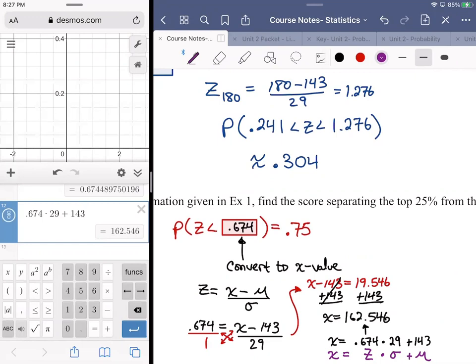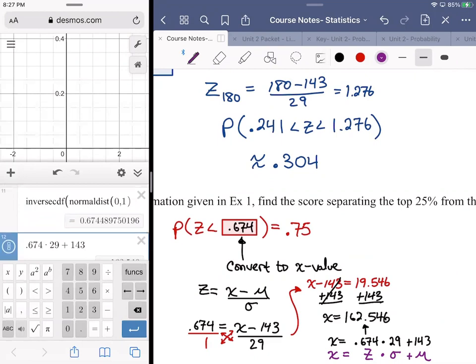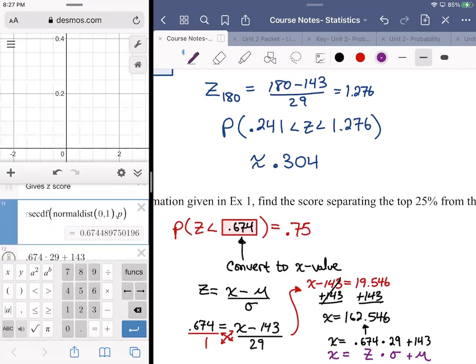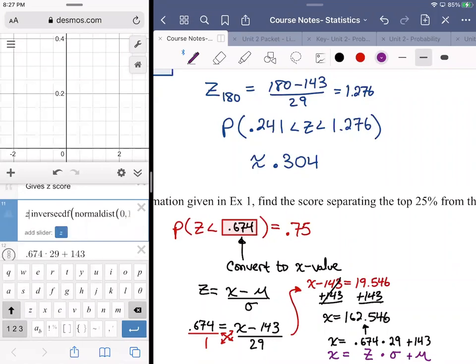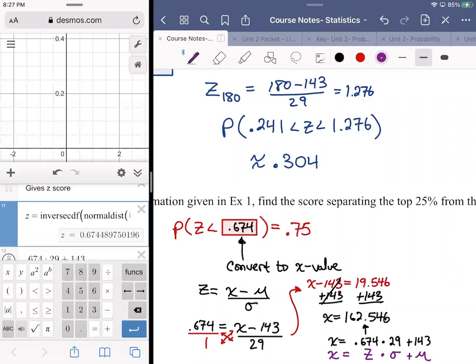Pretty solid, right? So what we can do is go back to this computation here. And this is completely optional, which is why I didn't include it. Throw in a little z equals.